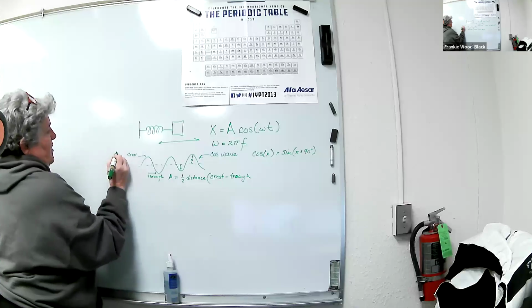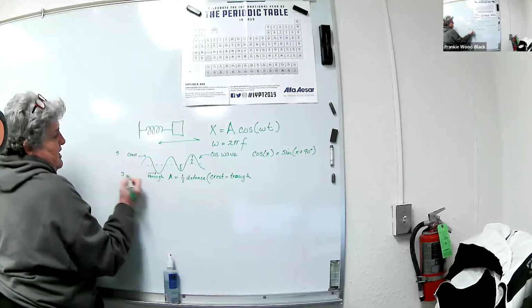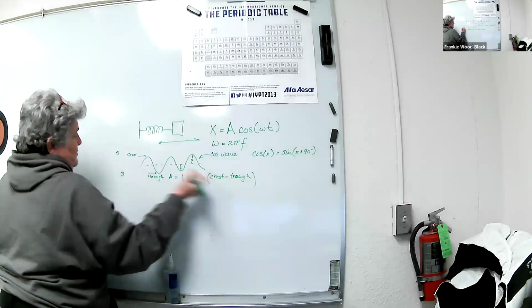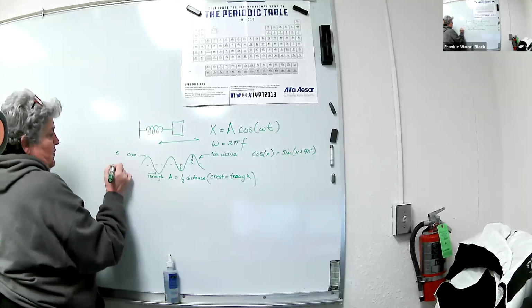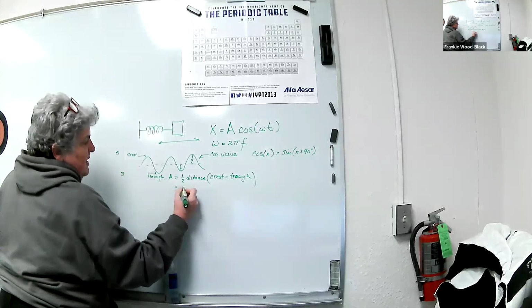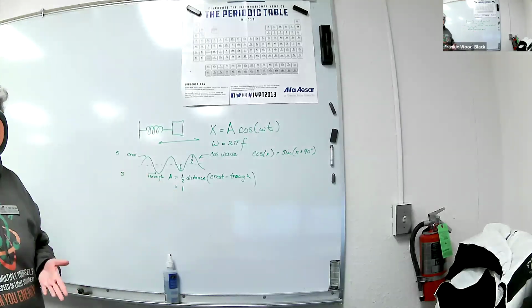So if this is 5 and this is 3, the distance between the crest and the trough is 2. And so my amplitude would end up being 1.